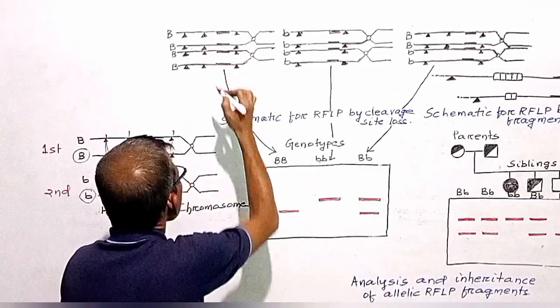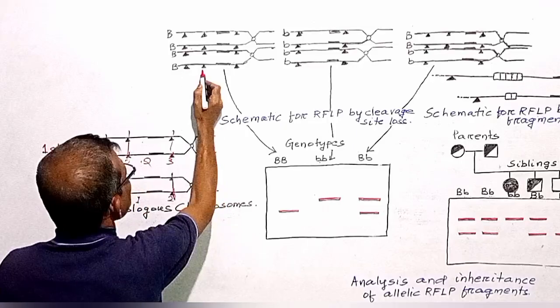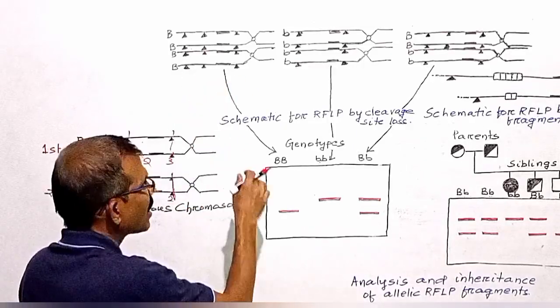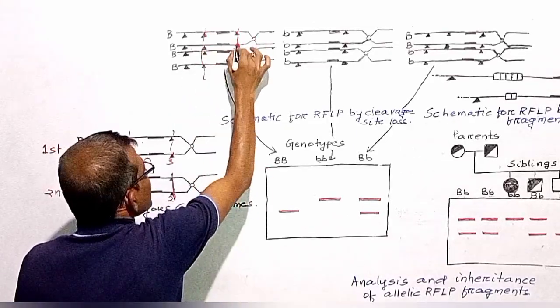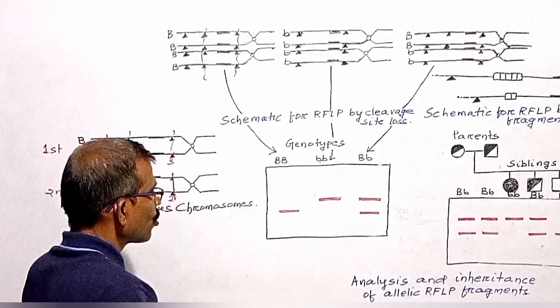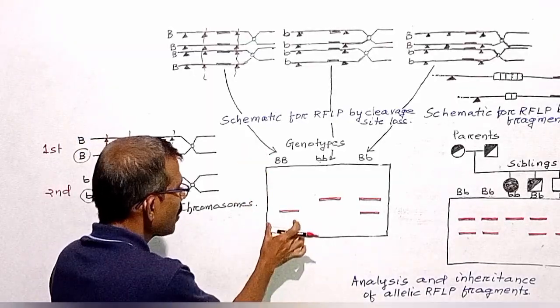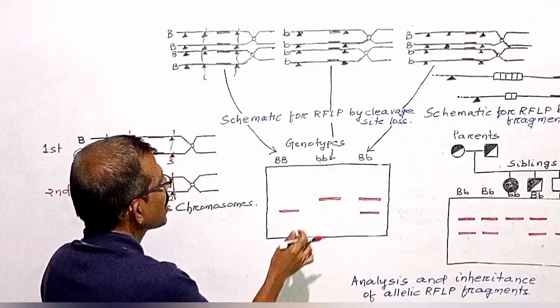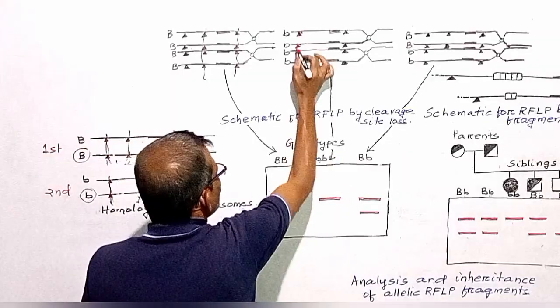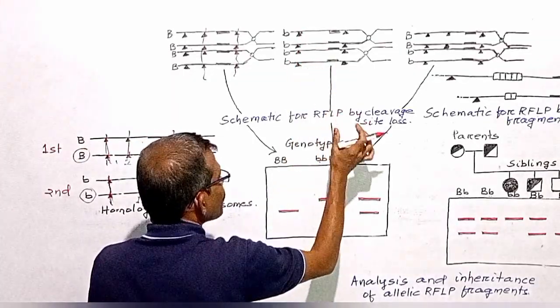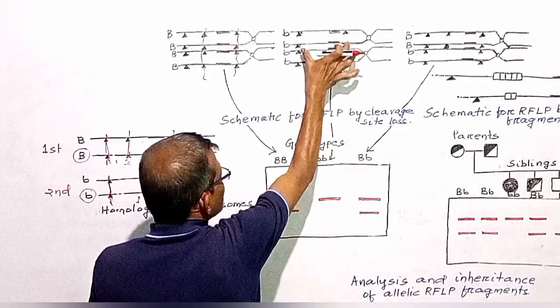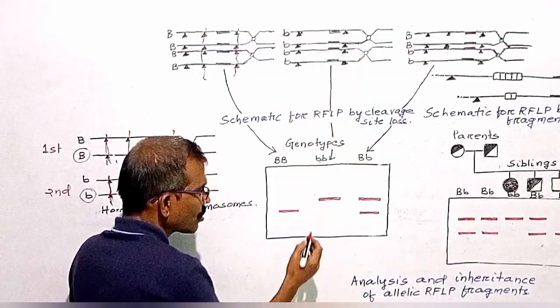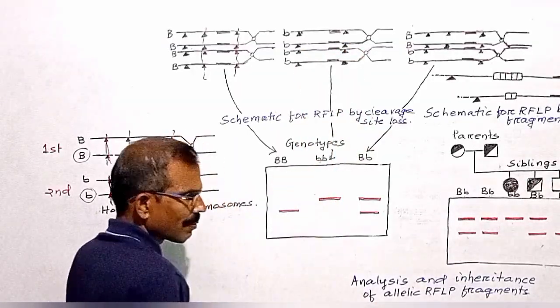When both homologous chromosomes have three recognition sites, then only this band, which will bind to the probe, will be detected by hybridization. In case of the other genotype, where both the alleles are small b, that means when the fragments are larger, then also one band will be detected.